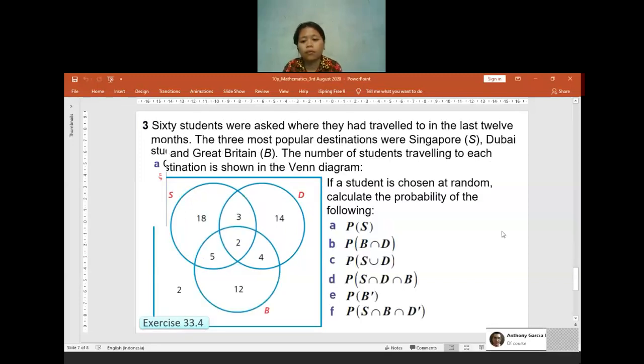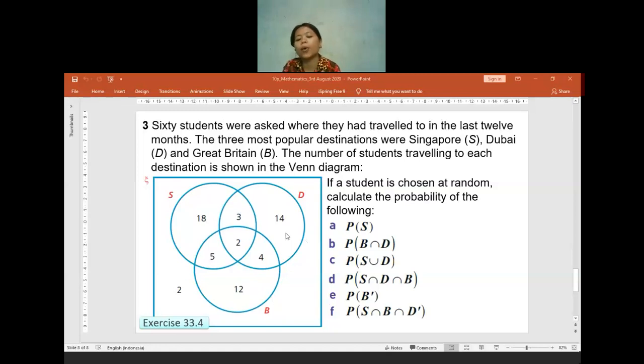For question 3, 60 students were asked where they have traveled in the last 12 months, and these are the popular destinations: Singapore, Dubai, and also Great Britain. We already have the Venn diagram, so we don't have to complete it anymore. Our job is only reading the Venn diagram carefully.